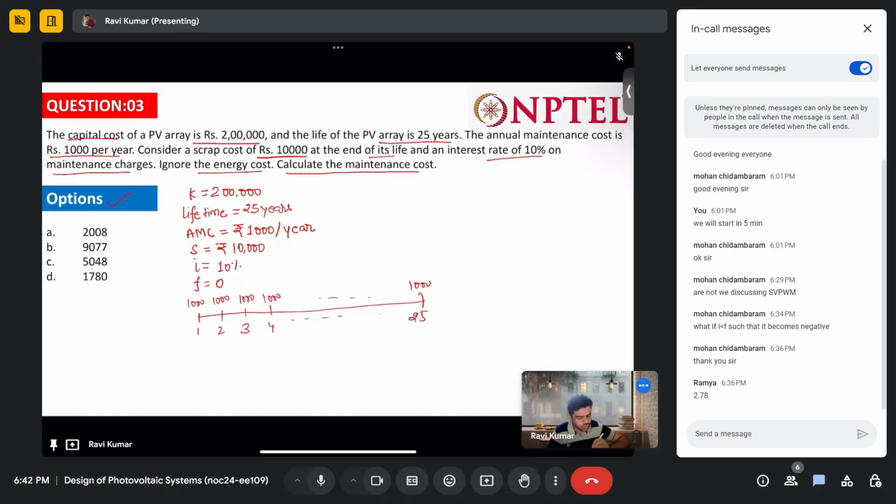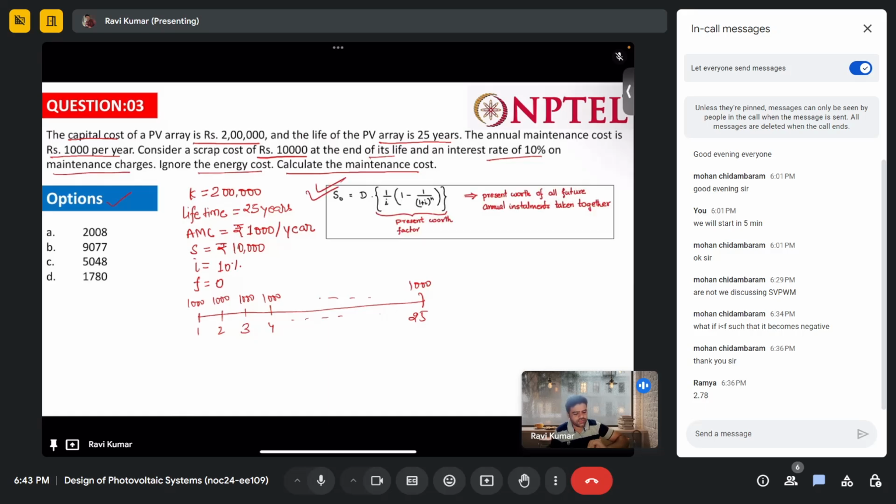So what is the total cost? So you need to calculate the same formula which I told you while describing the installments. If you are putting something in future, how you can get the value of those future installments today? So this is the particular formula which I am talking about. This is the total maintenance cost in our term. This is the maintenance cost annually we are giving, and this is the present worth factor, for how many years we are doing so.